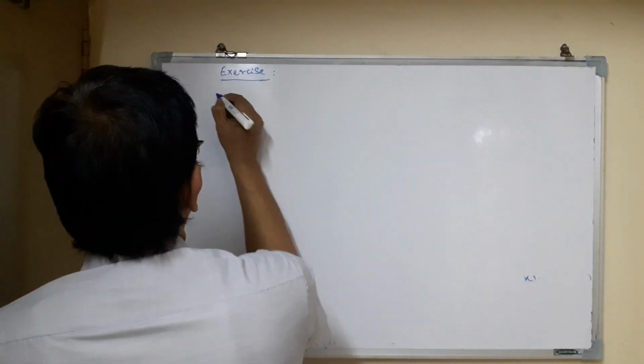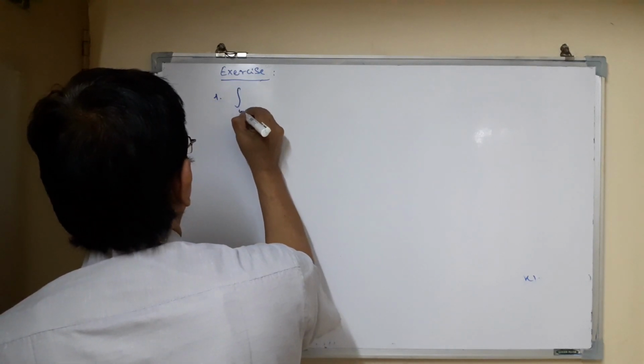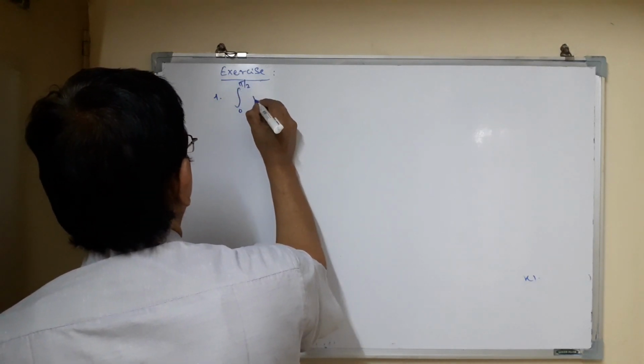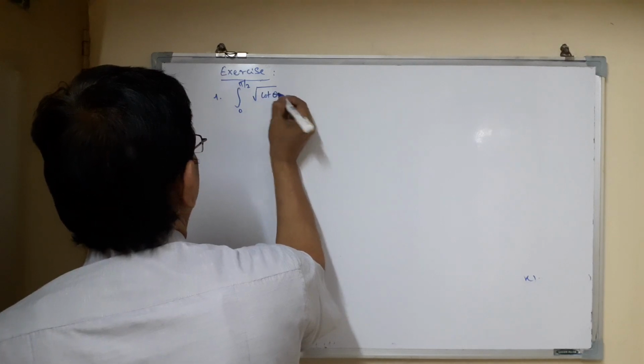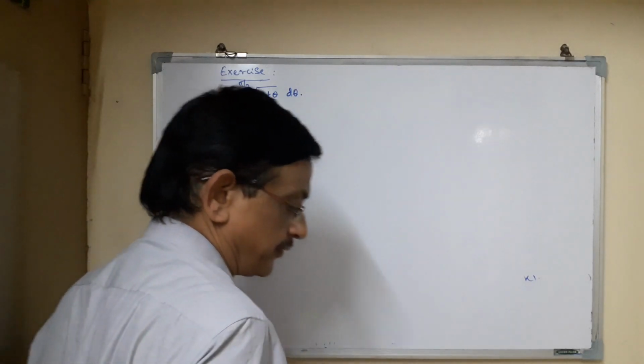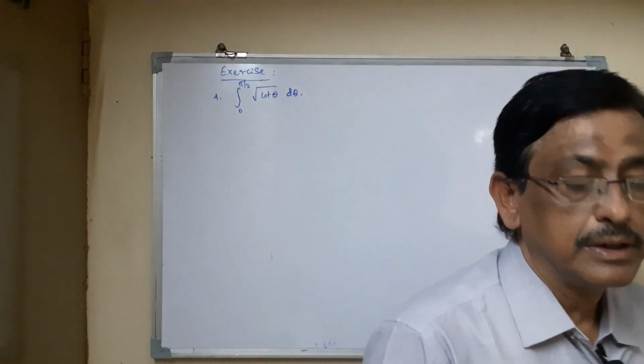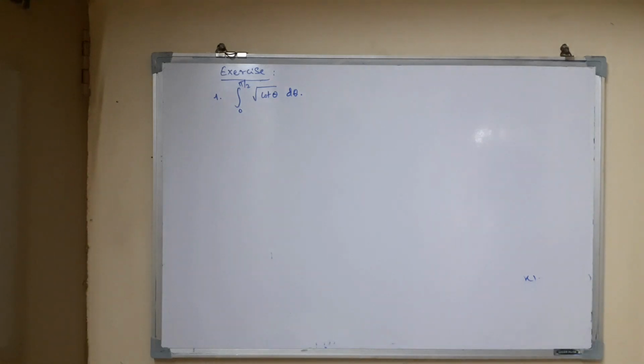So one is integral 0 to pi by 2 root cot theta d theta. Remember, this is something like 0 to pi by 2 root tan theta, so 1 over root tan theta. And this will be very interesting also.